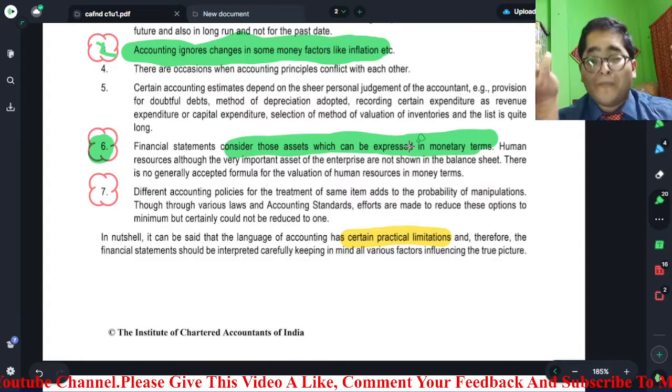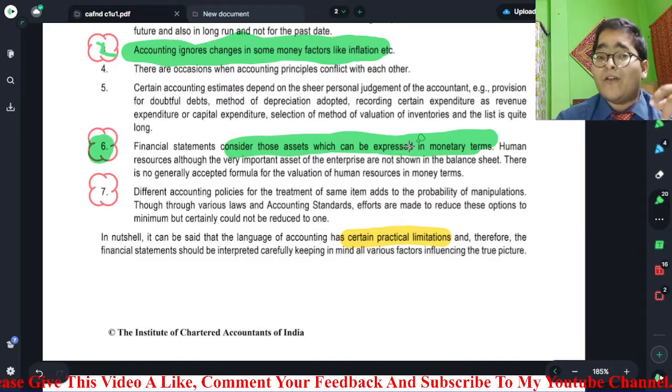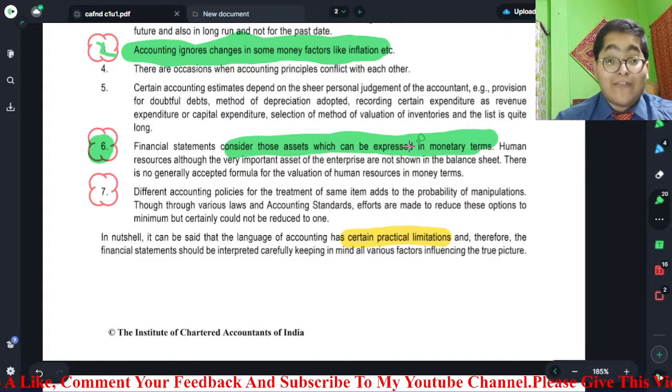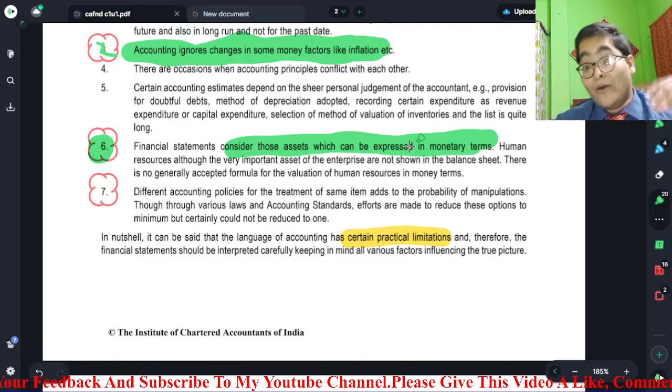But a good manager, a very efficient manager, could be of great value for a business entity. If that manager leaves the firm, the business would go into losses.